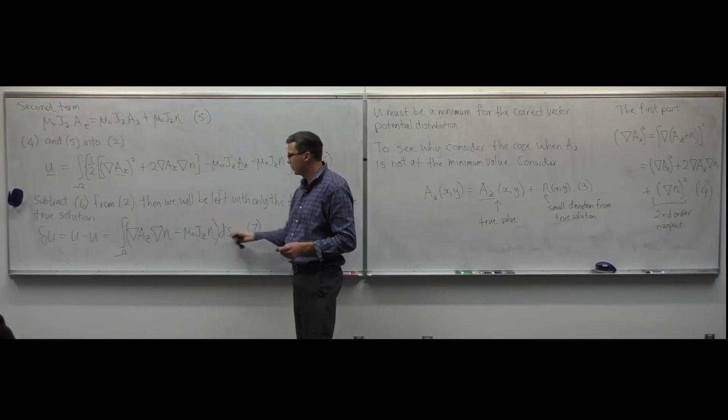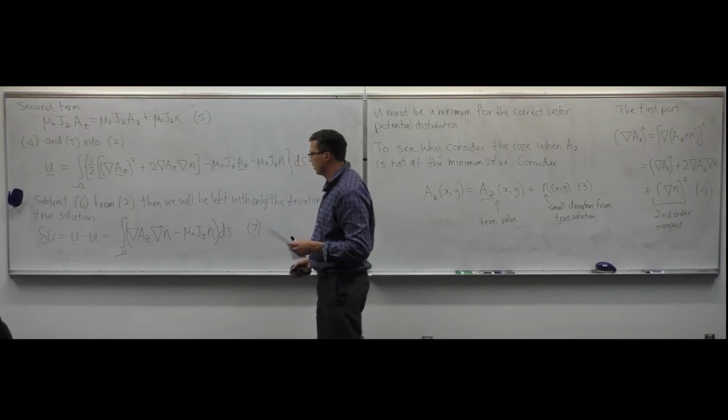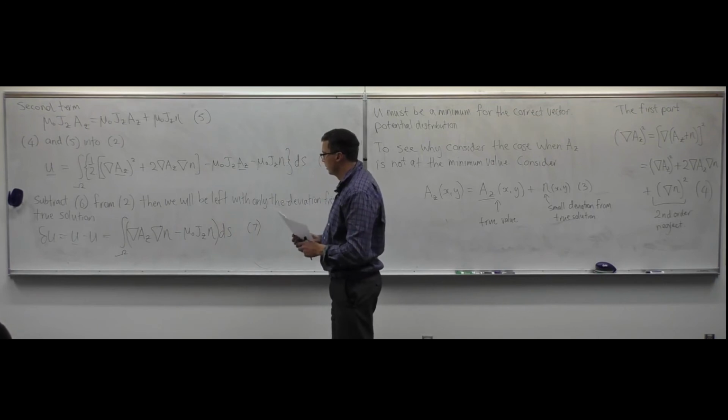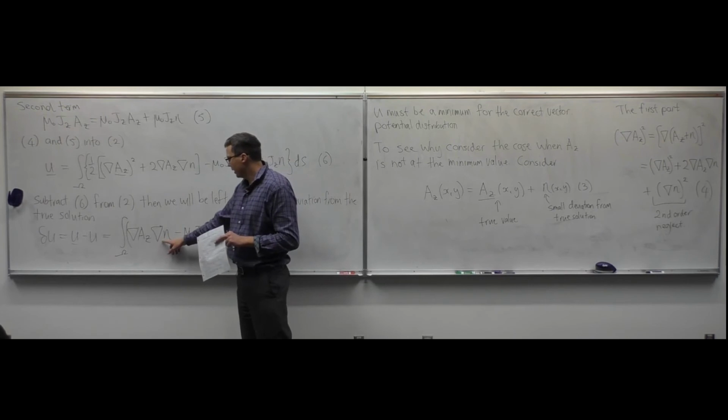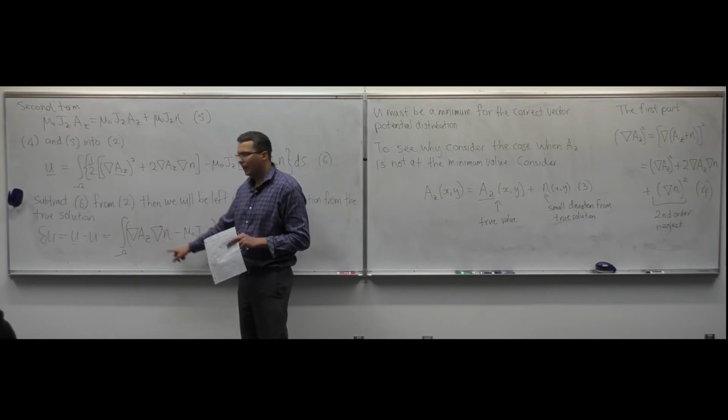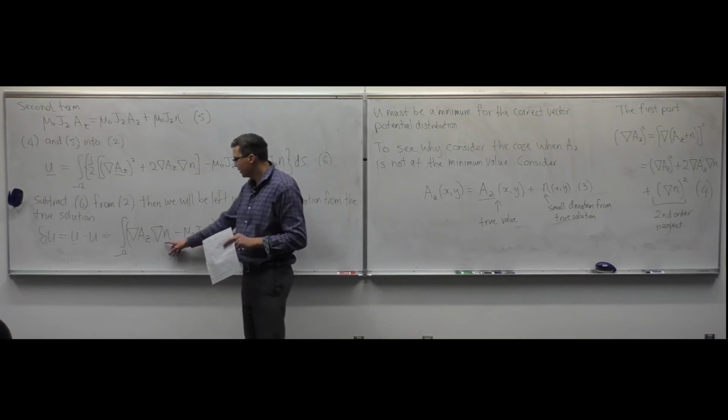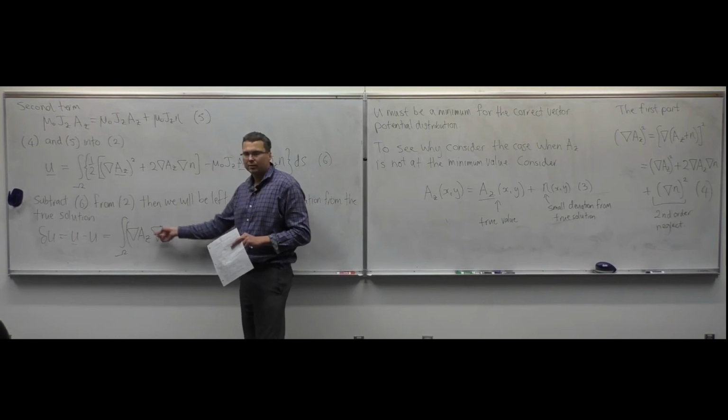So this integral should go to 0. It has the gradient of this n, this deviation, and that is hard to deal with. This is some deviation which we don't really know. We don't know what Az is either. It would be better if we did not have the deviation as a gradient term.